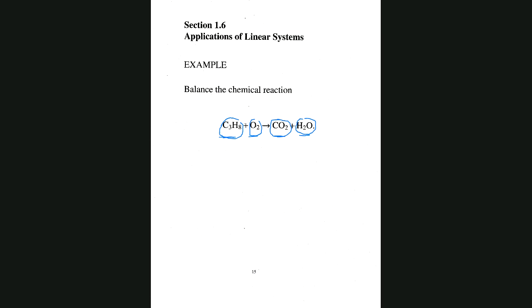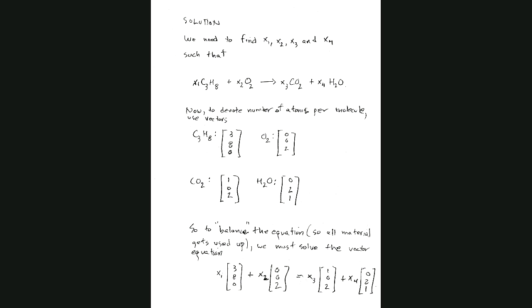So, in the solution, what do we need to find? When we say balance the chemical equation, that means find x1, x2, x3, x4. Find those coefficients so that the chemical reaction takes place.